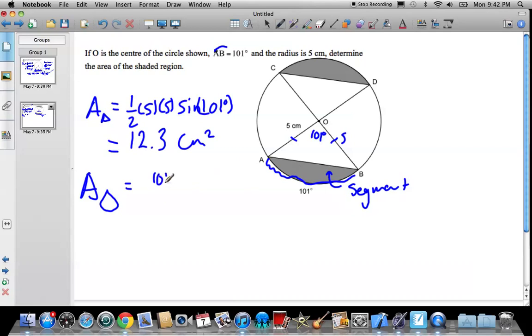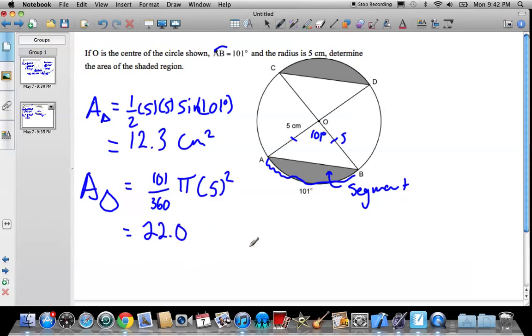So it's going to be 101 divided by 360 times pi r squared. r in this case is 5 squared. So 101 divided by 360 times 3.14 times 25. That's going to be 22.0.